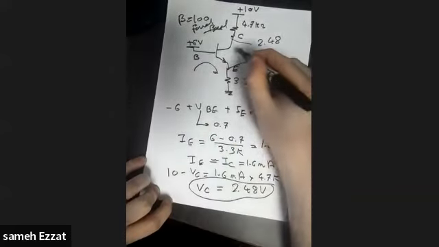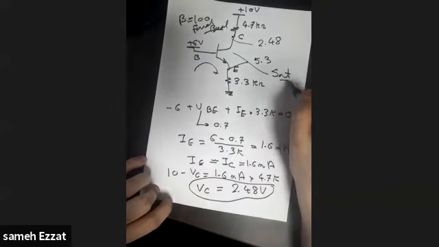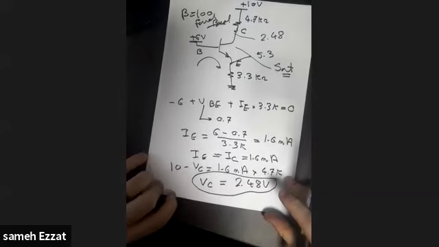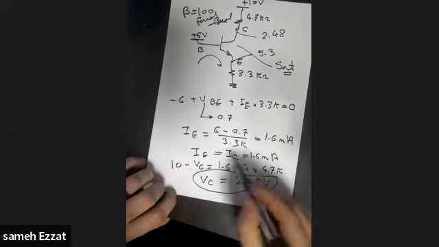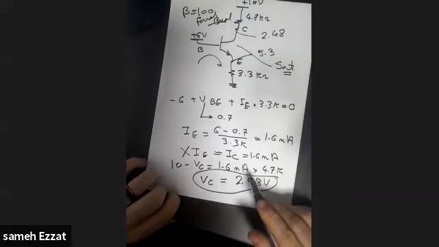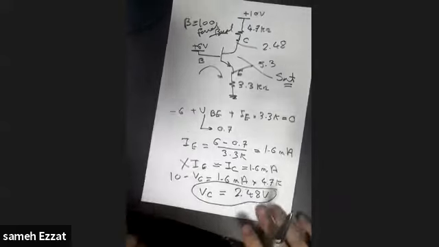So this transistor is working in saturation. It's not working in active mode. So this assumption is wrong. IC is not equal to IE. I can make it when it's an active mode, but when it's a saturation mode, I cannot make it. So what should I do?